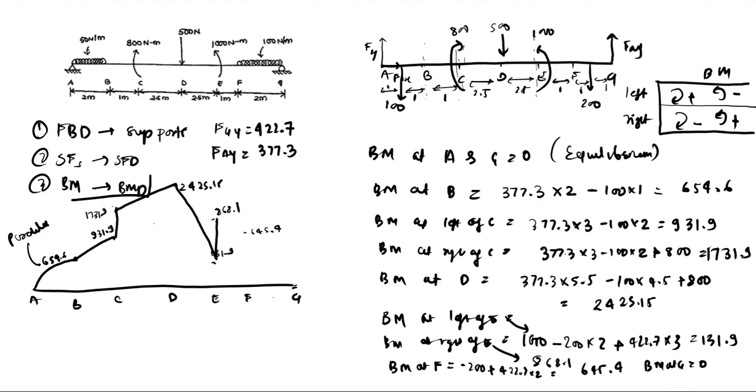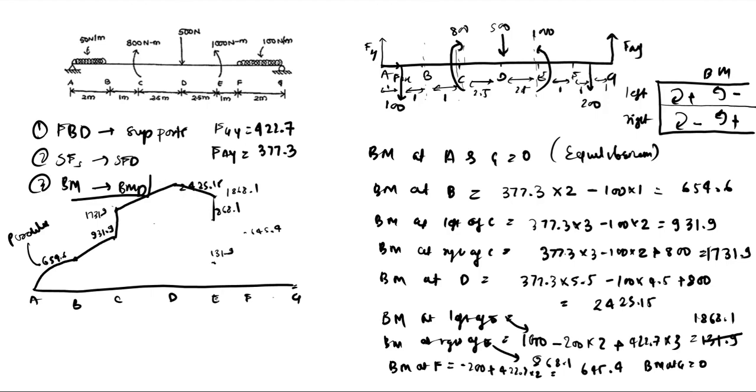Let us just calculate this once again. We have 1000 minus 400, 600, plus 422.7 into 3, 1868.1. So this should be 1868.1. Sorry for this. We have left of E as 1868.1, so it should go to this.